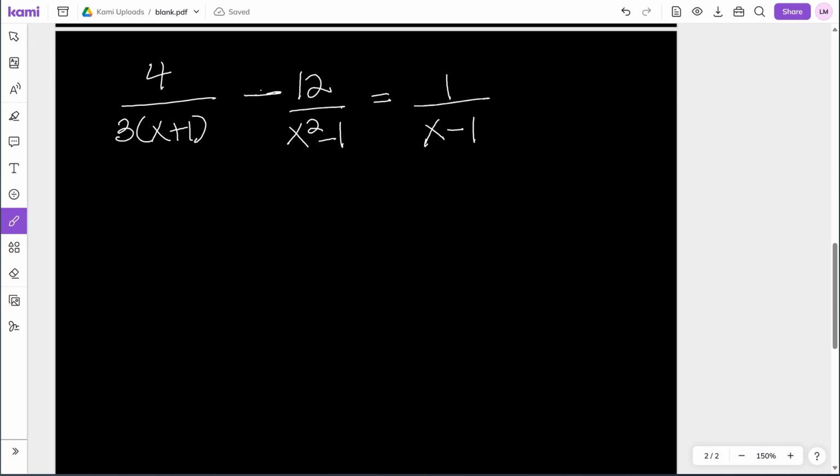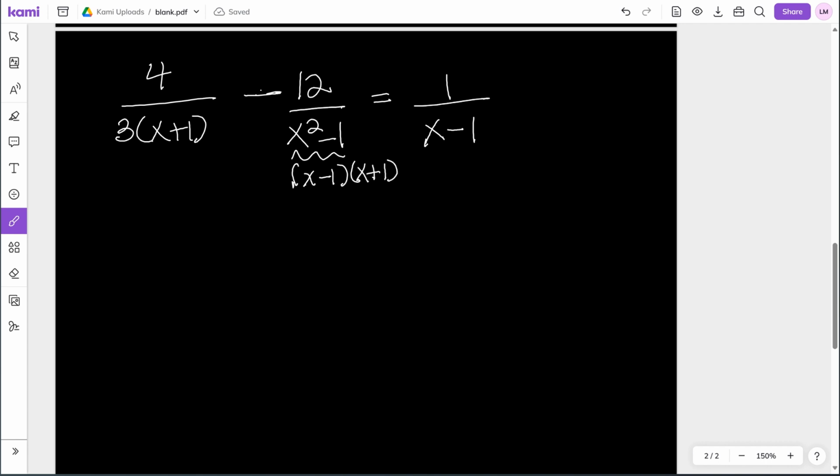Okay, so we talked about this last week also, I have to make sure that everything is factored before I start this. So I'm going to go ahead and factor x squared minus 1, and that factors into x minus 1, x plus 1.